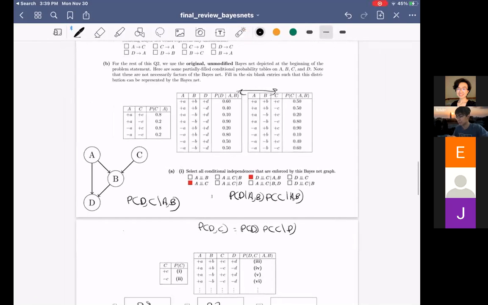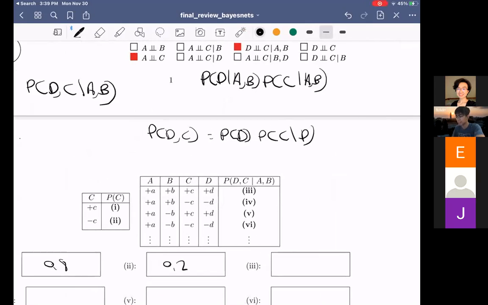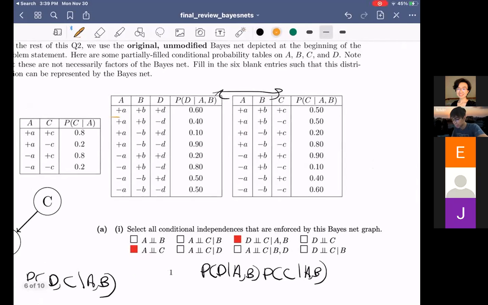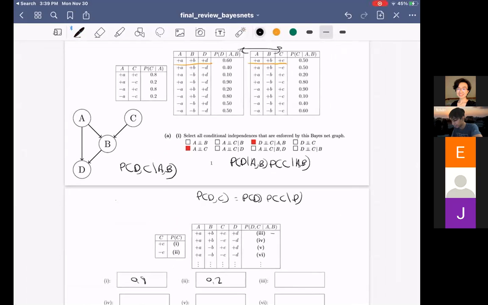Now we can just try one of these and say, for example, if we wanted plus A plus B plus C plus D, then we look at the plus A plus B plus D and the plus A plus B plus C in both of these. And then we multiply 0.6 times 0.5 to get 0.3 for this one. And you can do the rest of them in the exact same way.